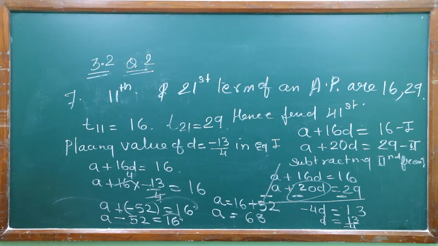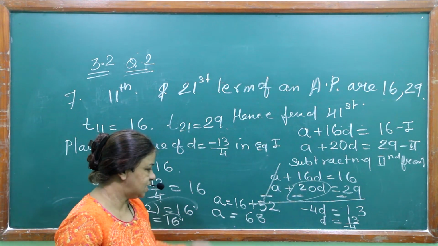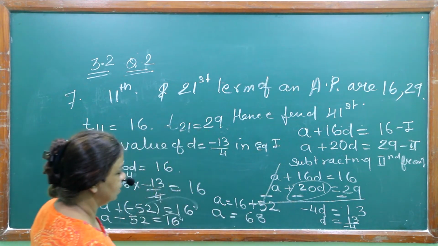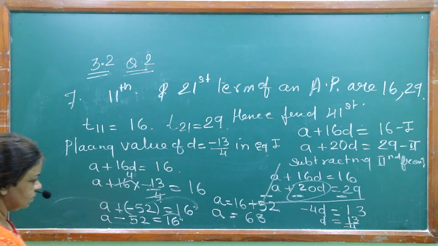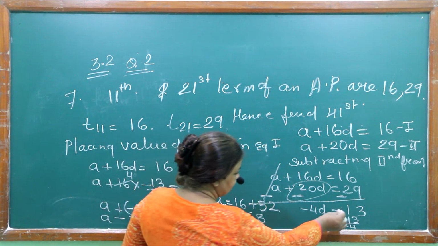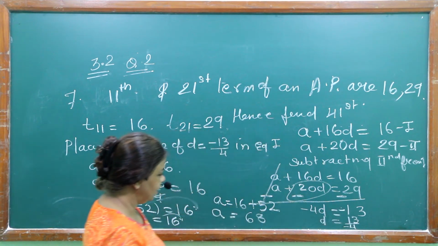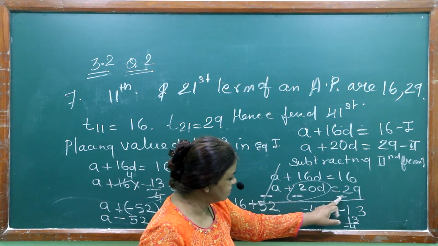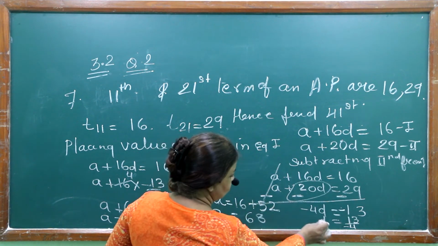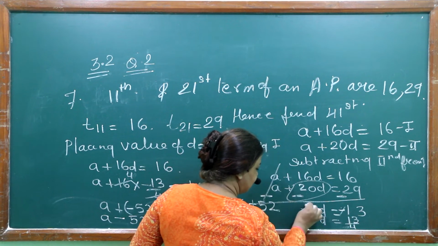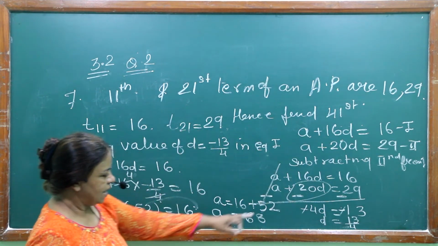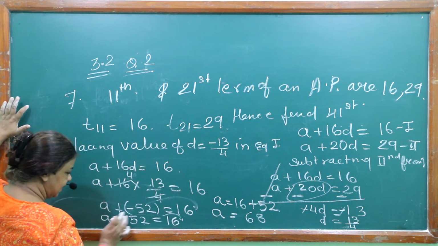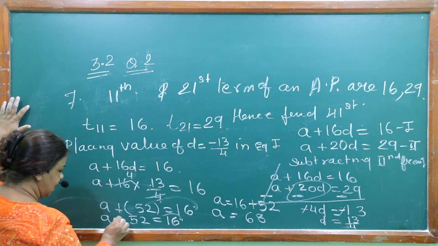So the first term is A, which is 68, and difference is 13 upon minus 4. Yeah, here also minus here, sorry, I'm sorry here. It's not plus here, minus, because 16 minus 29 is minus. So this value minus and minus will get cancelled, and d is equal to 13 upon 4. So here it will not be minus, it will be plus only.